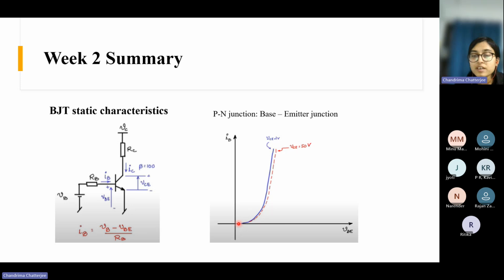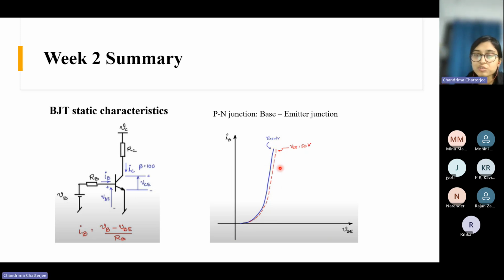If you remember the last lecture, the diode current rises like this. There is a cut-in voltage or threshold voltage after which the diode current rises exponentially. That's what we get for IB versus VBE as well, the same characteristics.